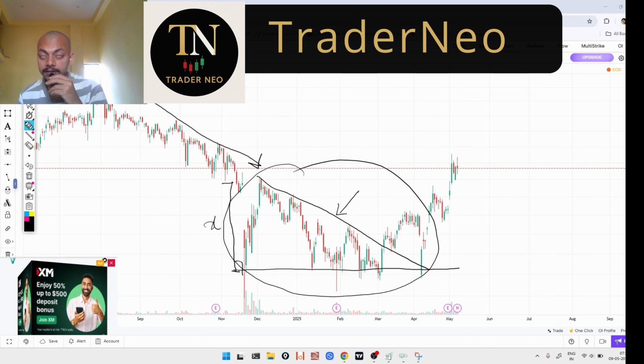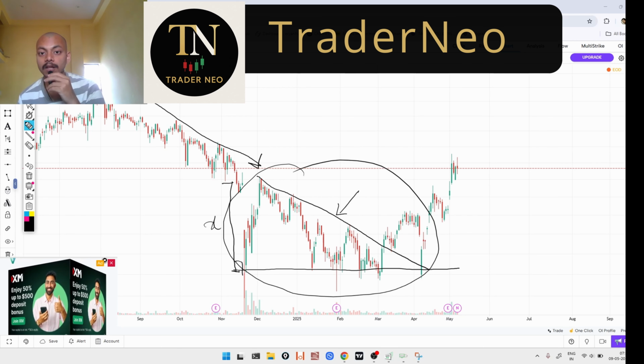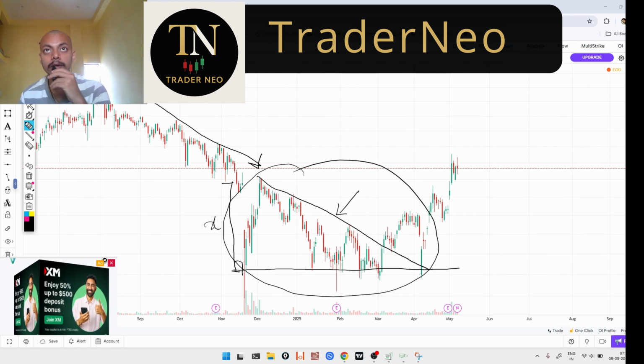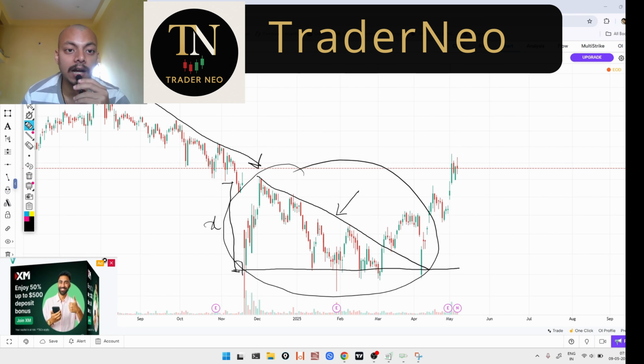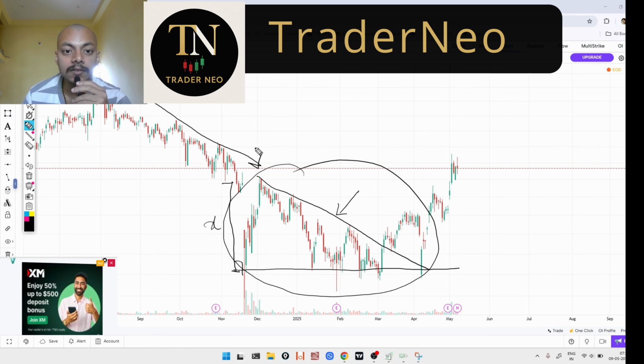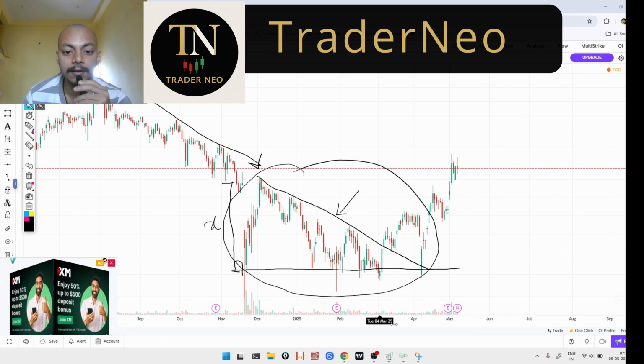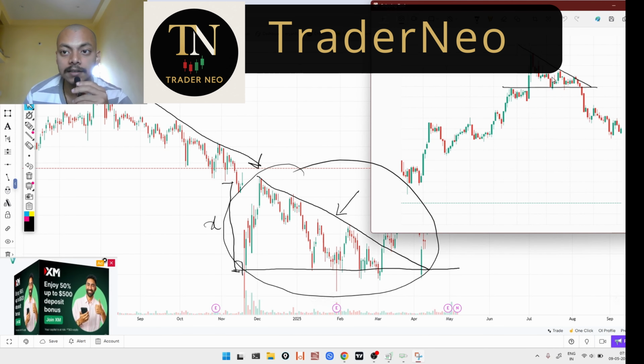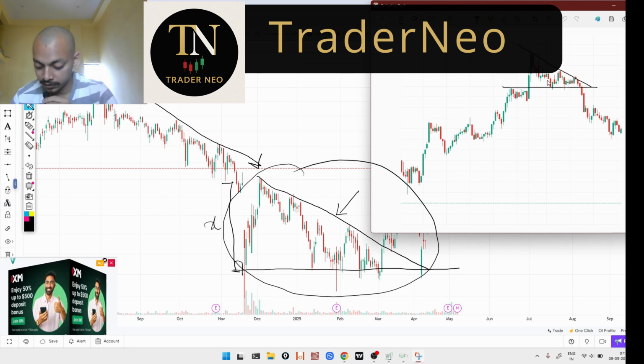So is this bearish structure valid? No. The bearish structure is valid only when it occurs at swing highs. So that was the main difference why this pattern failed and this pattern was successful.